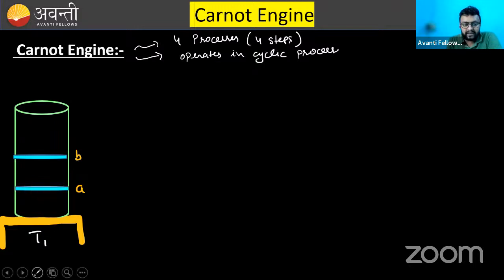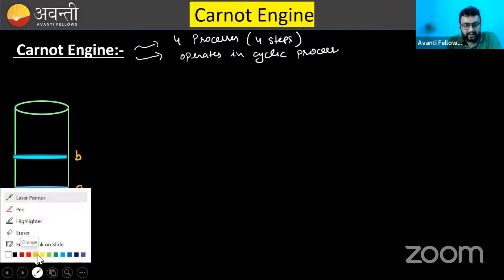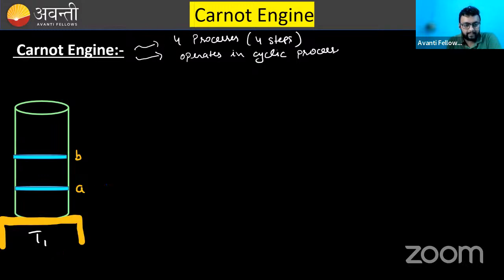Another thing. The piston is initially at A. And in the first step, this thermodynamic system or cylinder is placed on a body at temperature T1. This temperature is constant. Clear?